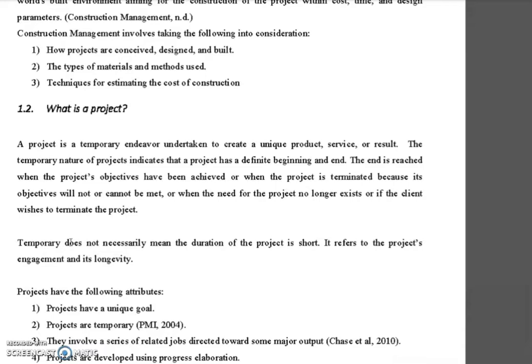So maybe sometimes some of the projects are terminated, because for example, with commercial buildings, they think that it will not bring that much revenue or something like that. They terminate the project or they hold the project because of this type of risks that might happen to the project.